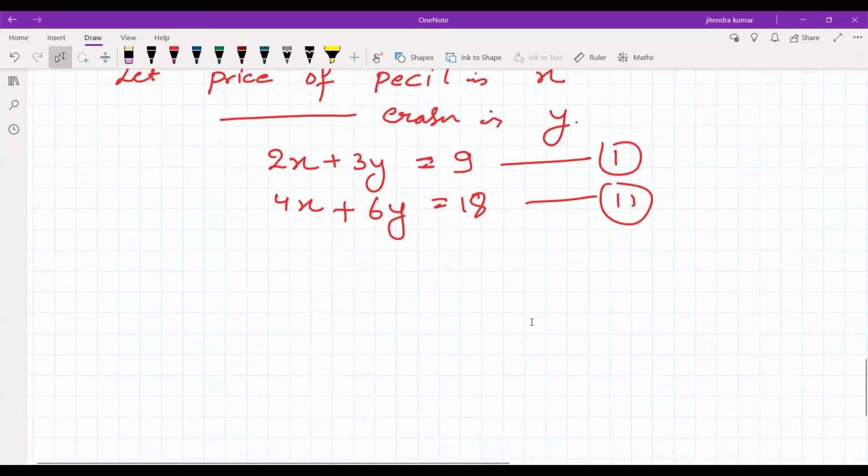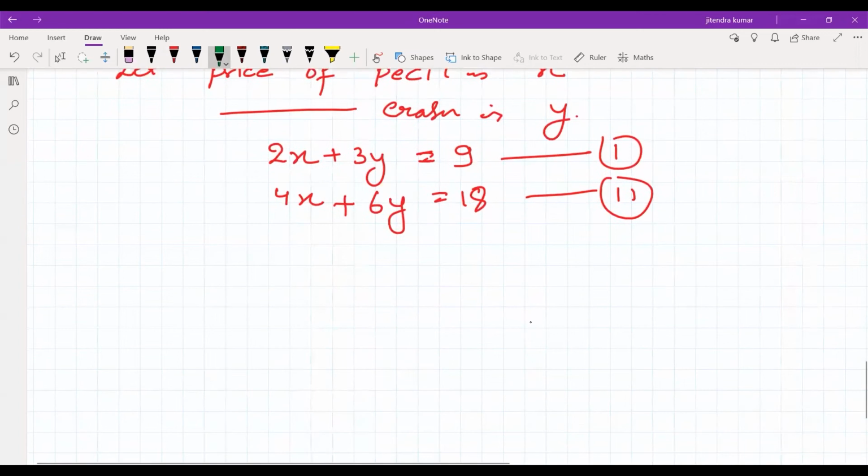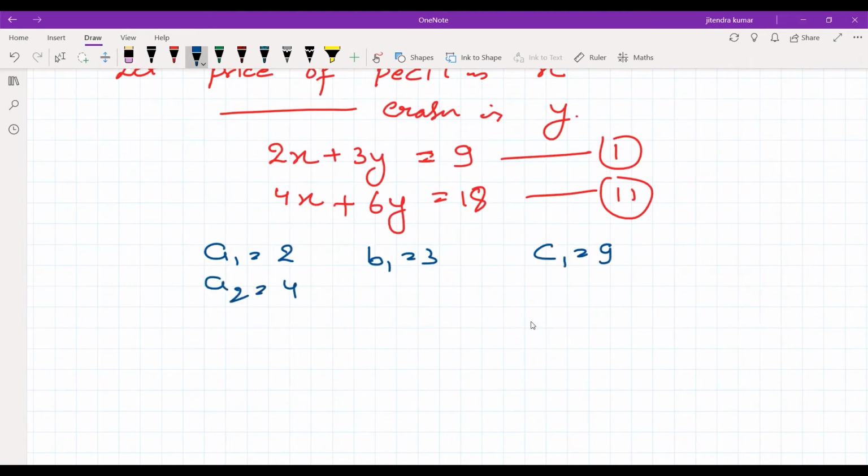So let's talk about the cases first. Here we have A1 equal to 2, B1 equal to 3 and C1 equal to 9. A2 is equal to 4, B2 is equal to 6, and C2 is equal to 18.